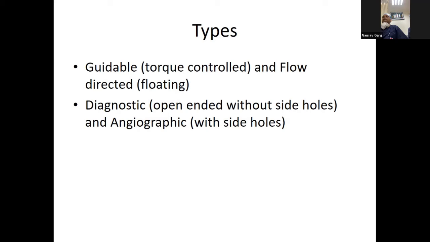Another disadvantage is that the catheter can ricochet. It can cause a serious whiplash injury when we give a power injection inside a diagnostic catheter which is open-ended without side holes. That's why manufacturers give side holes to the catheter so that angiography can be done very easily.